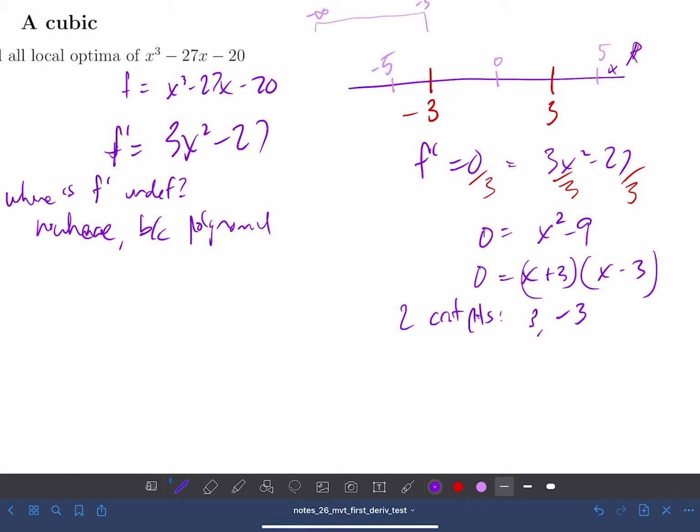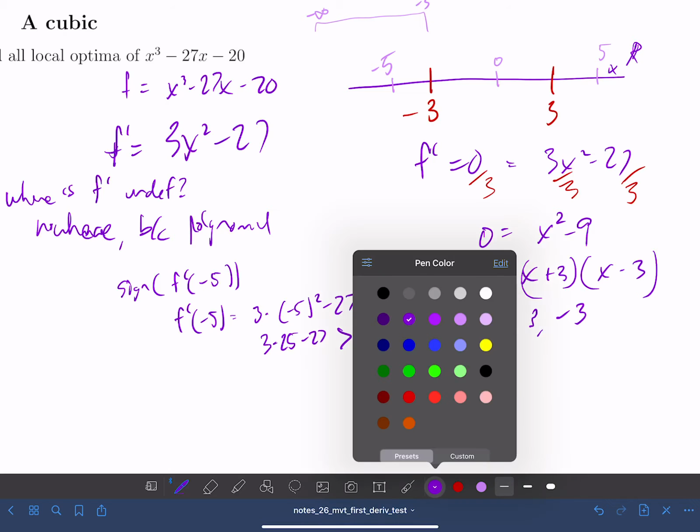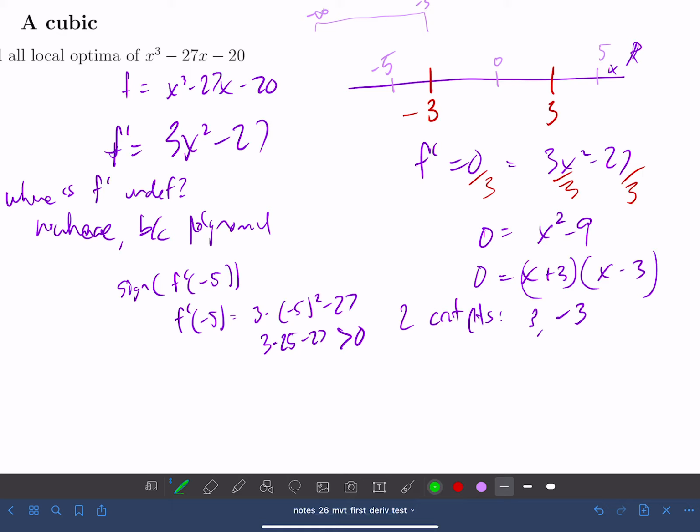So I need the sign of f prime at minus 5. Fine. f prime at minus 5 is equal to 3 times minus 5 squared minus 27. 3 times 25 minus 27, that's bigger than 0. So I'm going to label this with a big old plus.